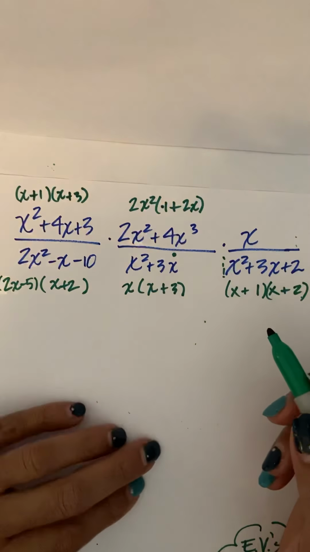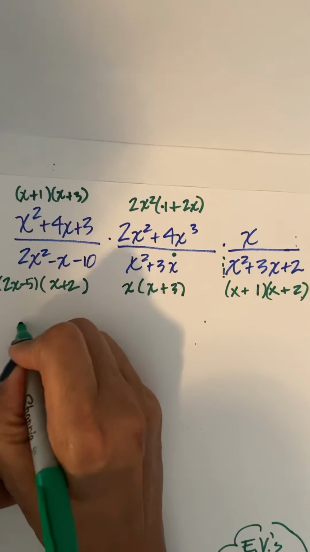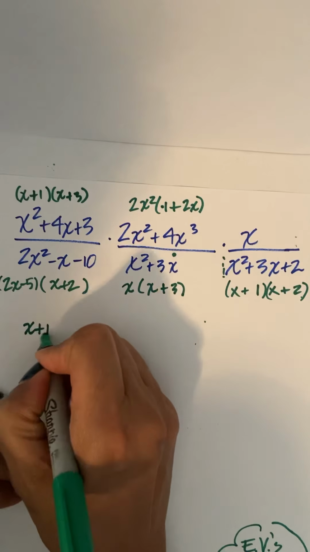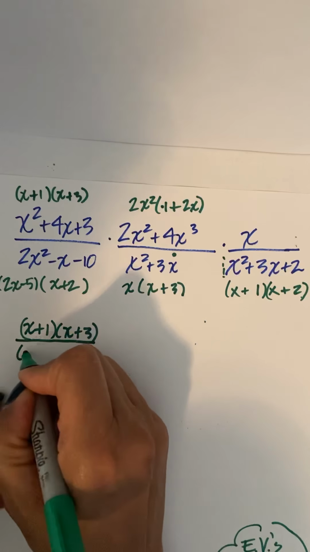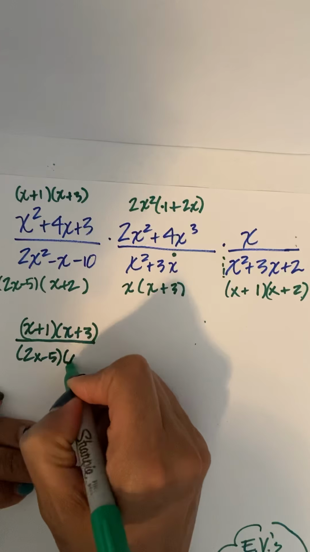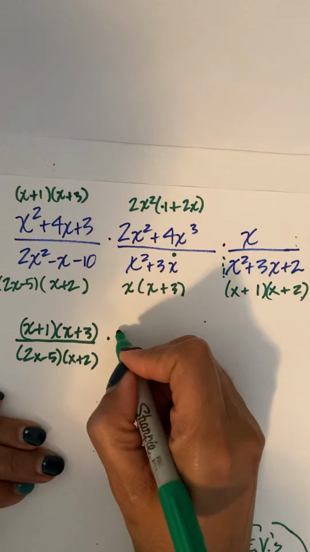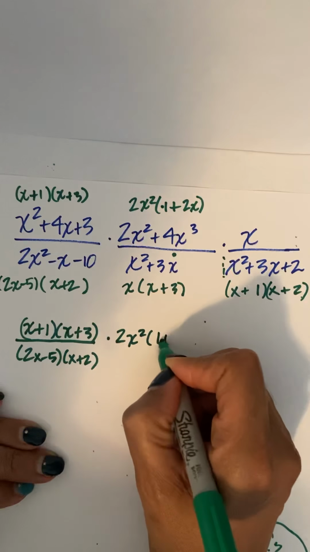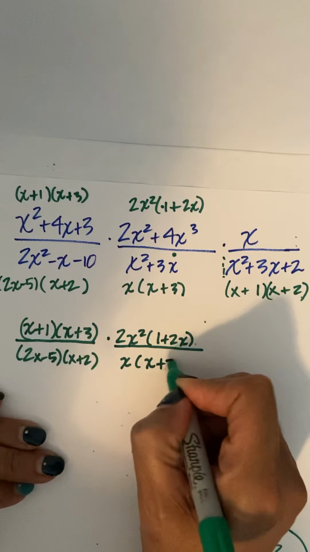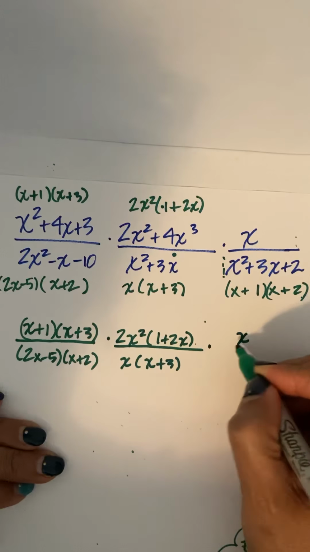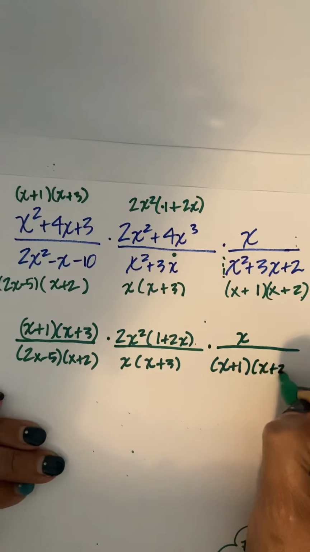So now, let's rewrite this. This now can be represented as x plus 1 times x plus 3 over 2x minus 5 times x plus 2, times 2x squared times 1 plus 2x over x times x plus 3, times x over x plus 1 times x plus 2.